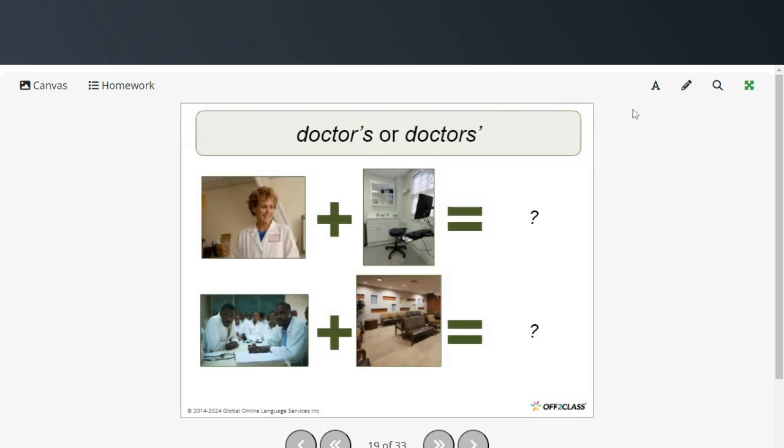Okay, doctor or doctors. So we have one doctor and her office: doctor's office. And here we have many doctors.